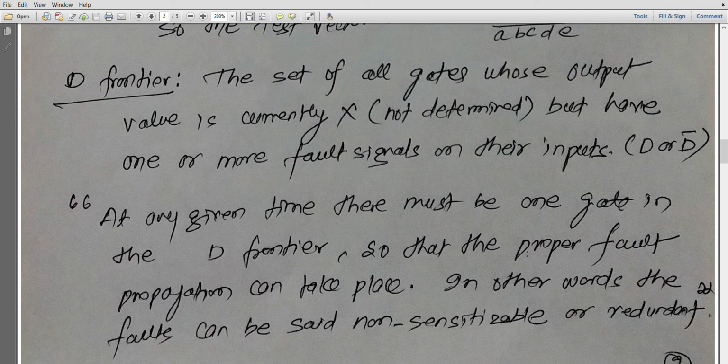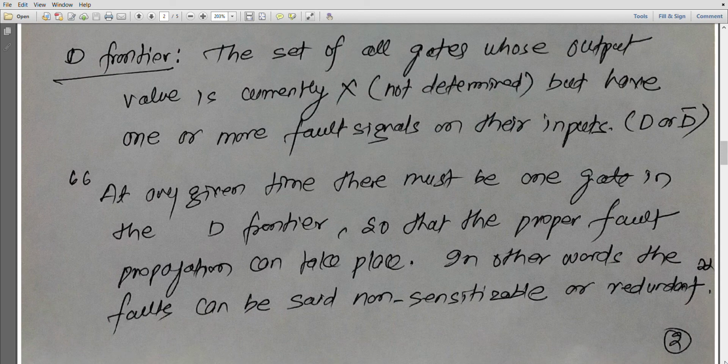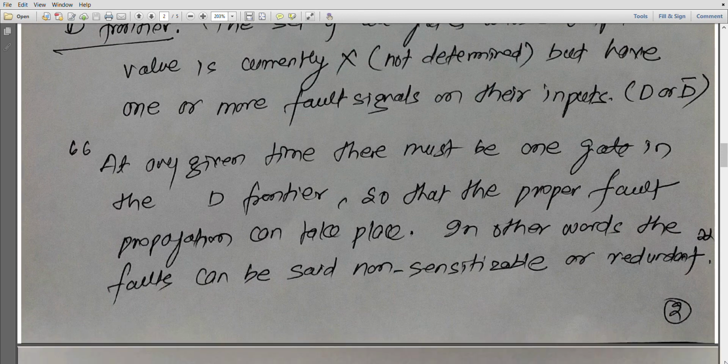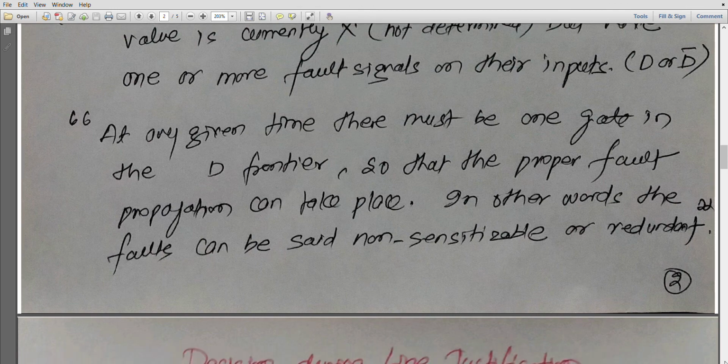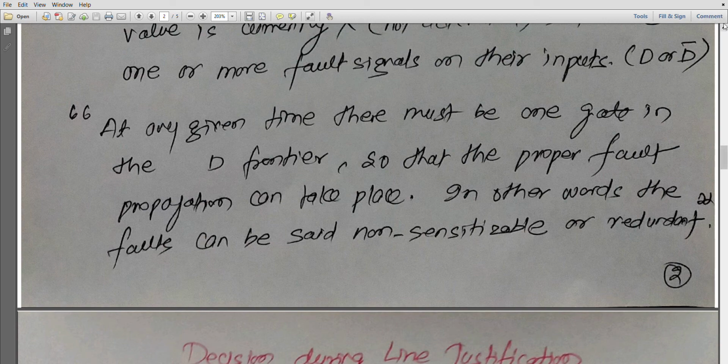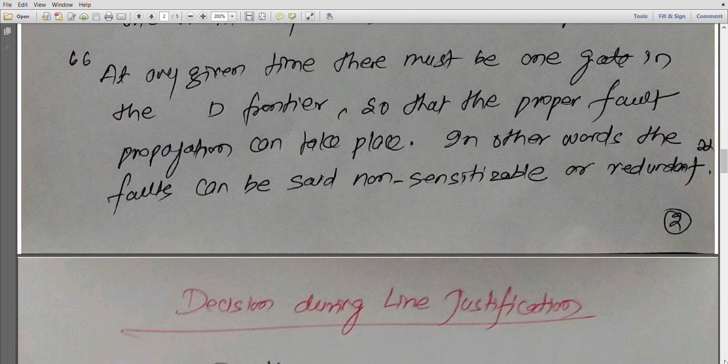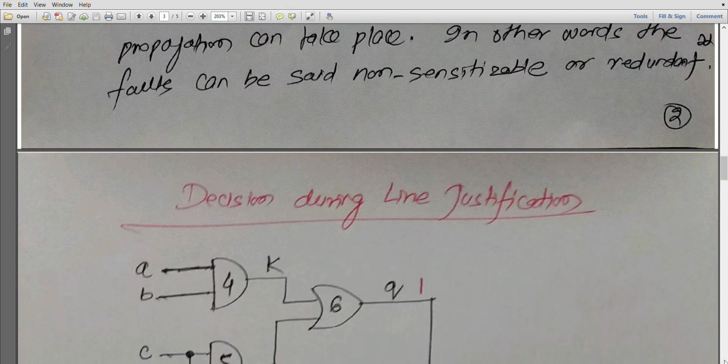So in order to propagate and sensitize the fault, and so that the fault is not treated as redundant, the frontier has to contain gates which have some input that may be D or D bar, depending upon stuck-at-0 or stuck-at-1 fault. Then we can store the intermediate decision and decide afterwards which path is giving me the correct logic for test pattern generation.